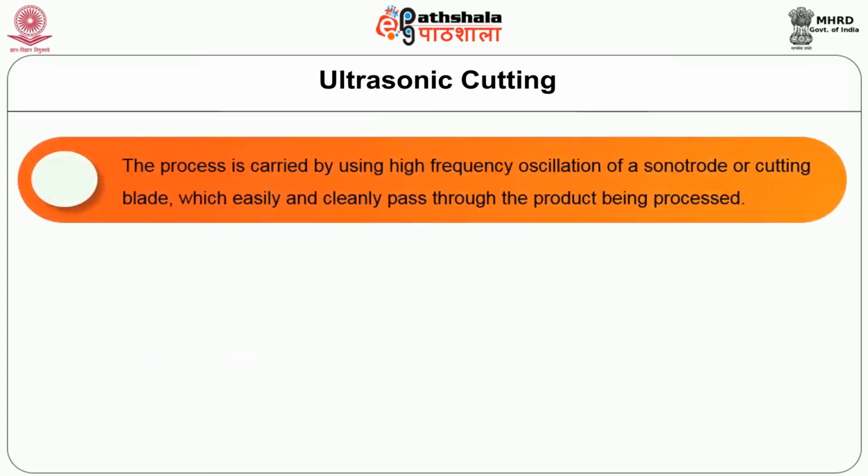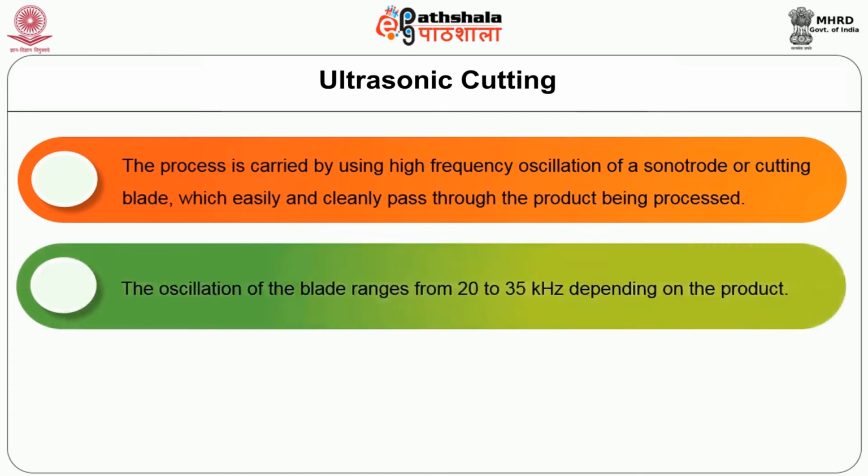The process is carried out by using high frequency oscillation of a sonotrode or cutting blade, which easily and cleanly pass through the product being processed. The oscillation of the blade ranges from 20 to 35 kHz depending on the product.